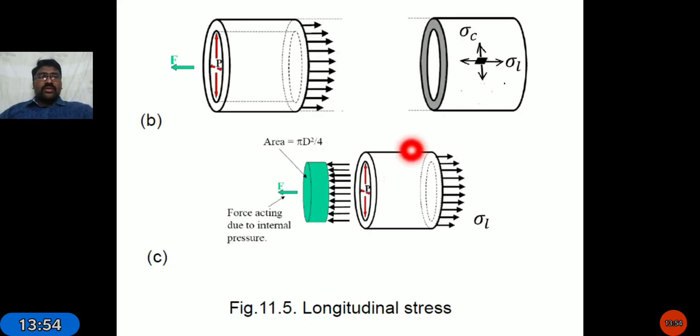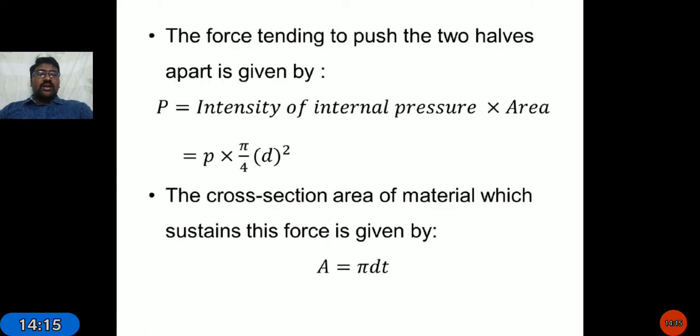Okay, it is the longitudinal stress. Due to this longitudinal stress, the material will give some resistance. Force acting due to the internal fluid pressure is P into pi by 4 d square.